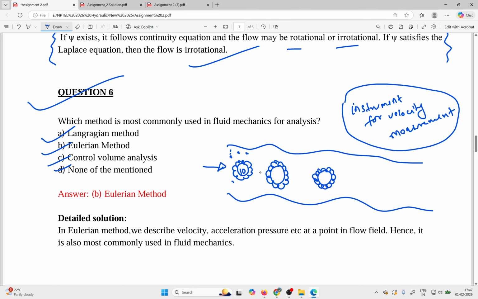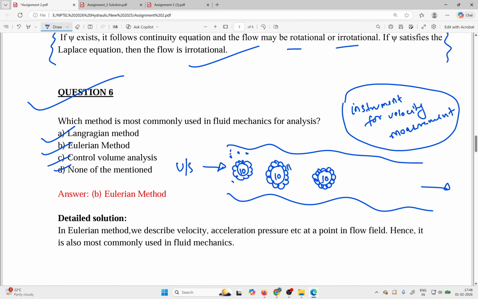Here also the same particle moves downstream. This is your upstream. The same particle here, here also the same particle. It means the particle identity does not change in a Lagrangian approach. Remember, please, if your instrument is measuring the velocity of particle number 10 here, it is measuring the velocity of 10 here also, not 11.